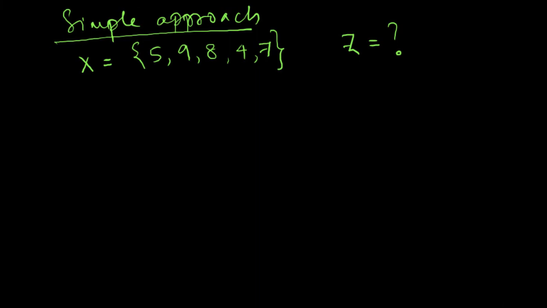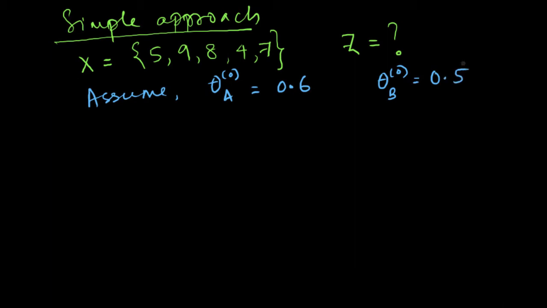You start with the initial value, make some estimates, and then reiterate till you converge to something. So let's begin by assuming that theta A at the 0th iteration is 0.6. These numbers have been picked at random, and your theta B is equal to 0.5. So this is just a guess.